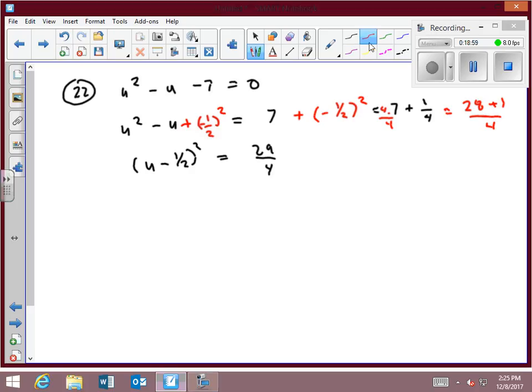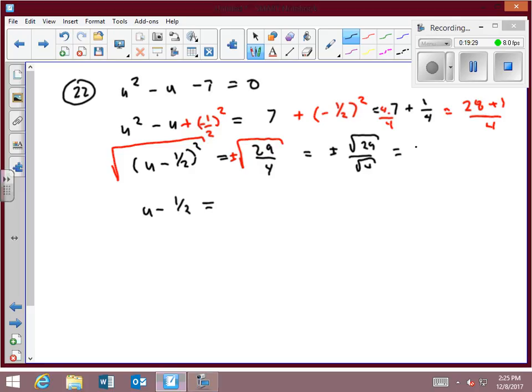Now, I'm not going to rewrite that. I'm going to take the principal square root on the left, plus or minus the square root on the right. The left is going to be what? U minus 1/2. Now the right, I'm going to do a little bit. This is plus or minus the square root of the numerator over the square root of the denominator.